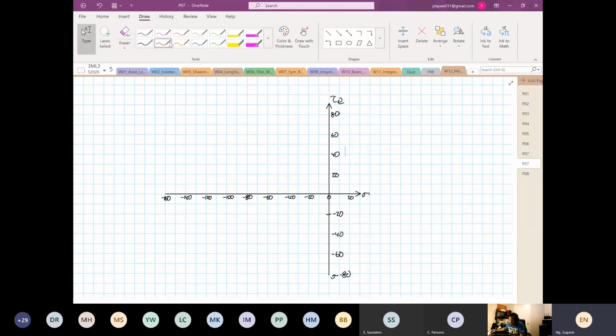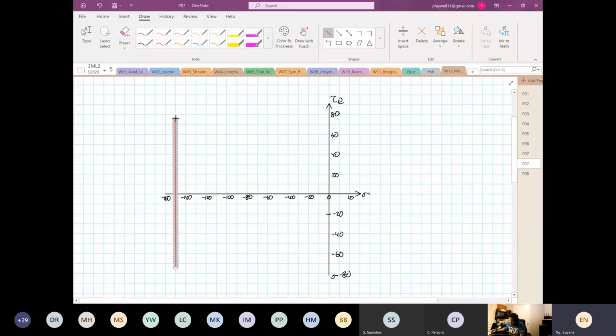Then we still draw our no-go zone. So this is our no-go zone, and we cannot go beyond that. As I say, I'm only drawing half of it.